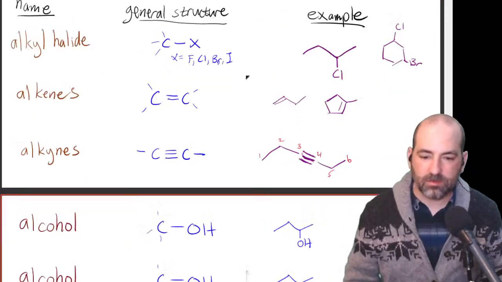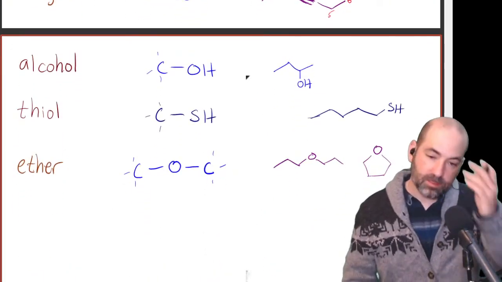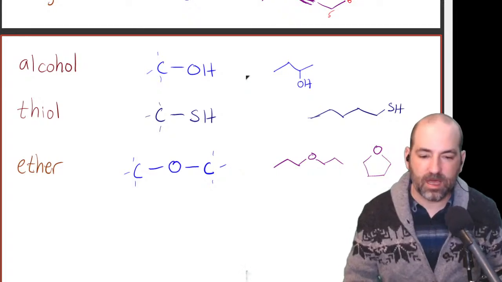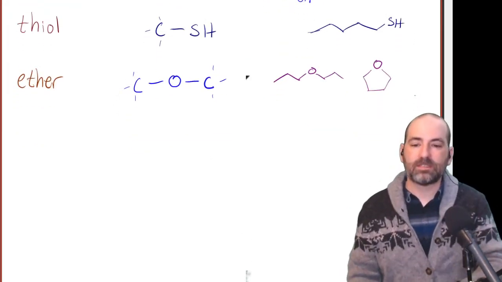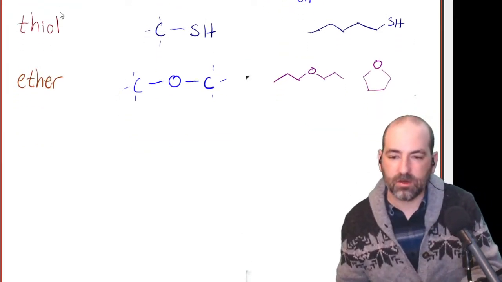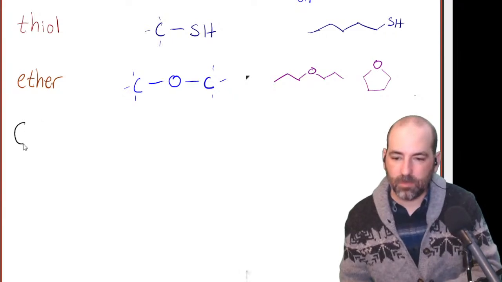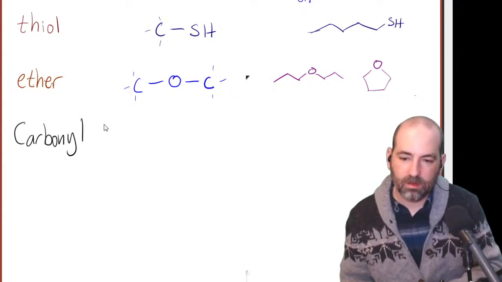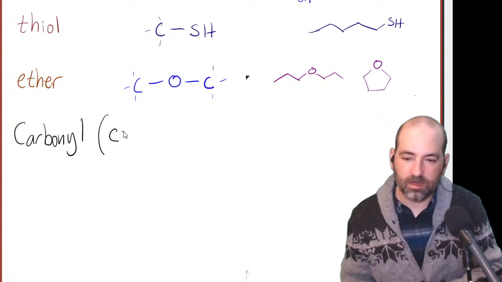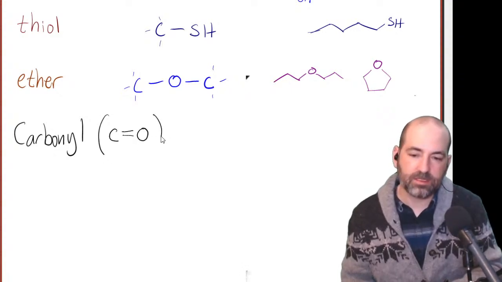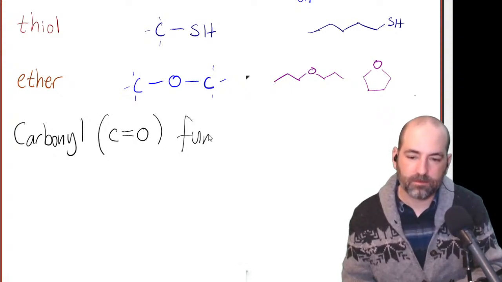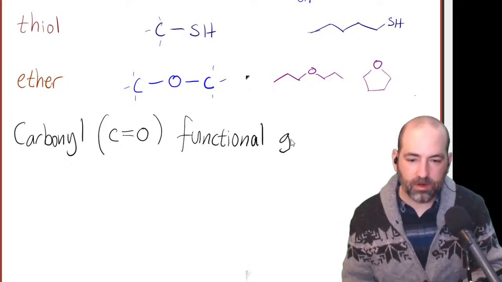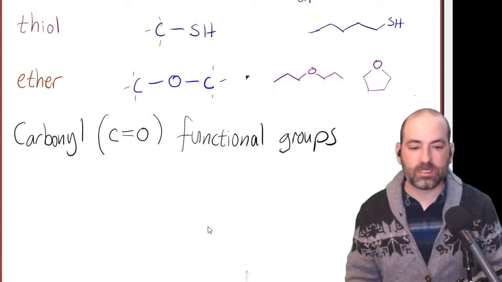All right, so those are some of those basic functional groups. And then there's another set of them that are all based on the same kind of functionality. And so we're going to group them together. And these are going to be the carbonyl functional groups. Now, a carbonyl is a carbon double bonded to oxygen. And this is an extremely important type of functionality that we're going to see when we look at reactions.